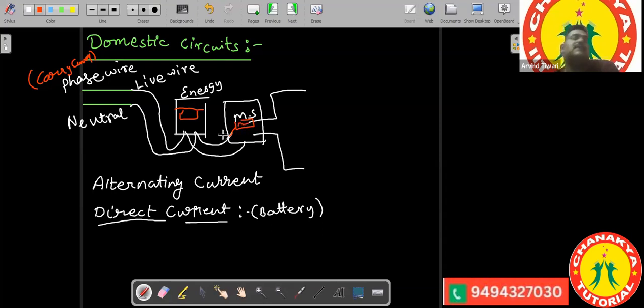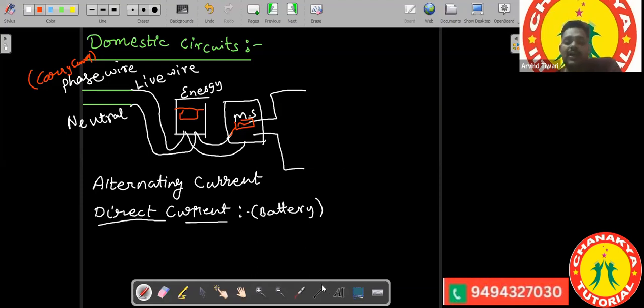A fuse wire is attached in the live wire, not in the neutral wire. So a fuse wire is attached, which acts as a safety device. And then after that, the current is transmitted.